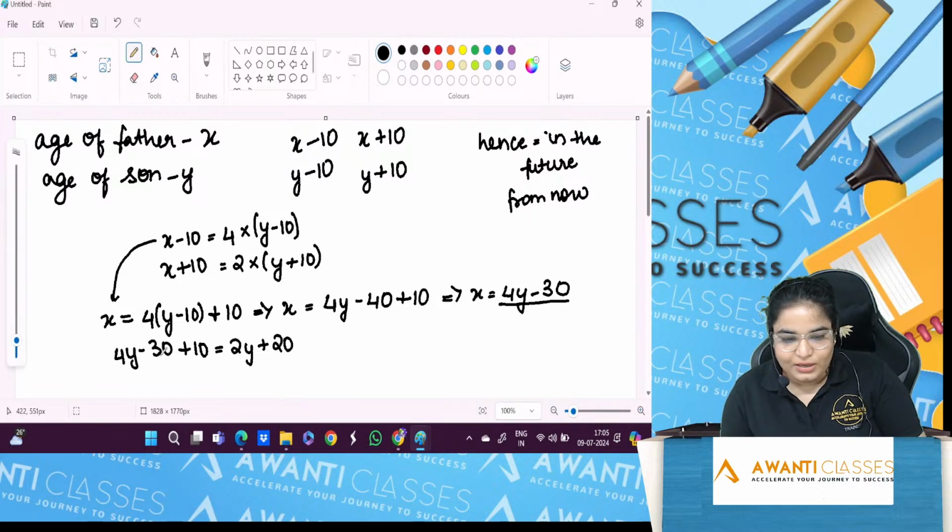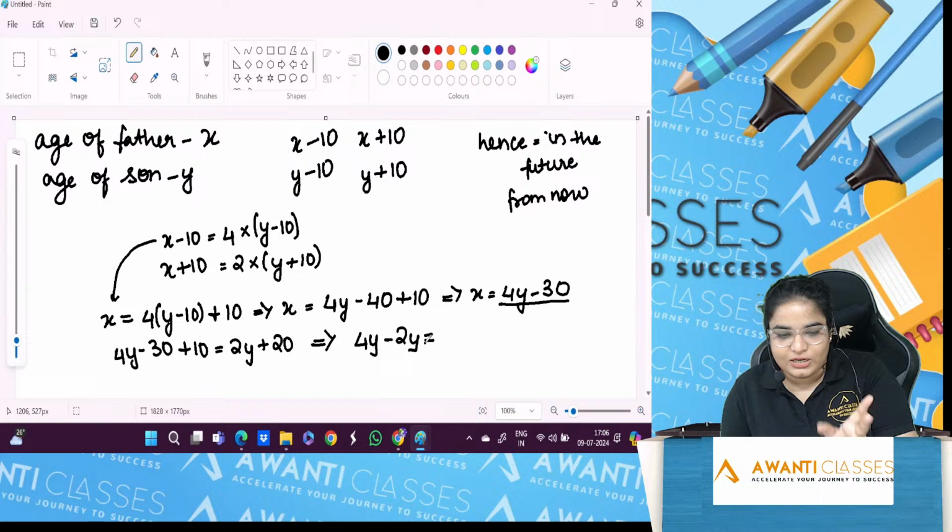So, 4Y minus 30 plus 10 is equal to 2Y plus 20. Why? We opened the bracket, that's why. What is that? That will be 4Y. If this 2Y we bring here, it will become minus 2Y is equal to minus 20, minus 30 plus 10 minus 20. Here it will become what?